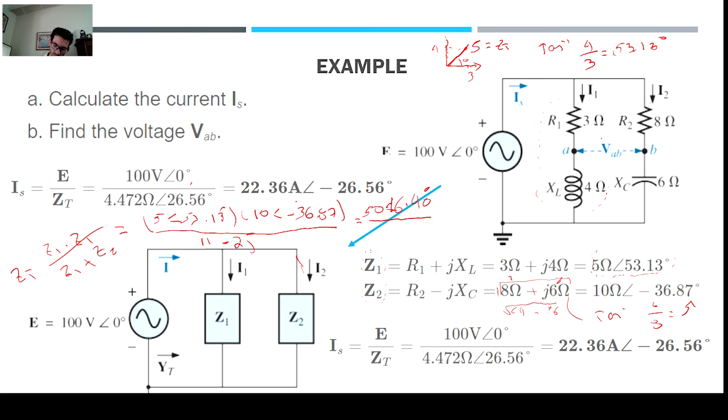So we will do the square root of 11 squared plus 2 squared, and this is 11.18.